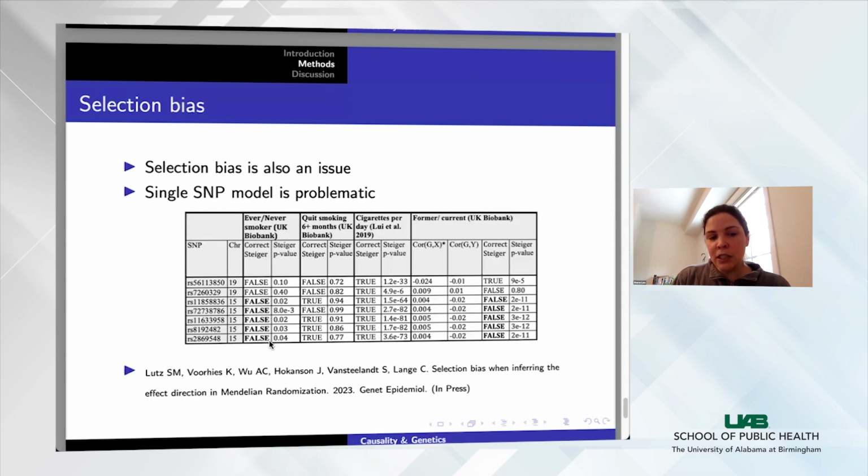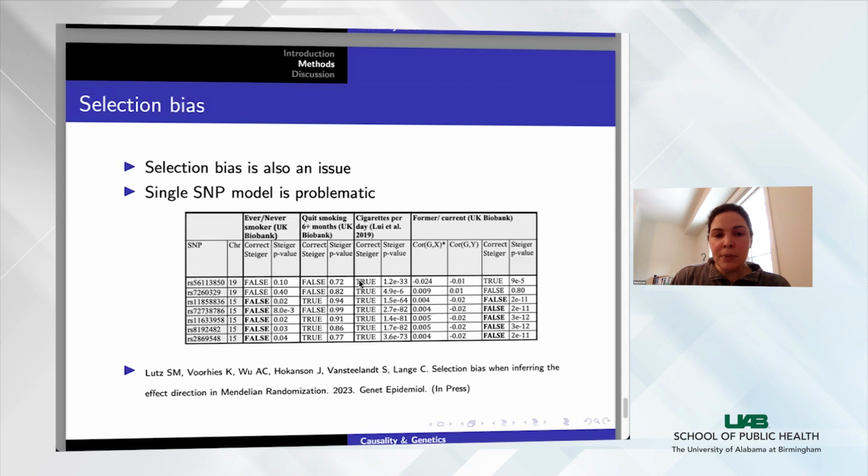Especially chromosome 15, when we looked at the ever versus never smokers in the UK Biobank with FEV1, also from the UK Biobank, we were seeing the wrong direction detected. When we looked at quit smoking for greater than 6 months, we saw mostly the right direction detected or not, but none of it was really significant.